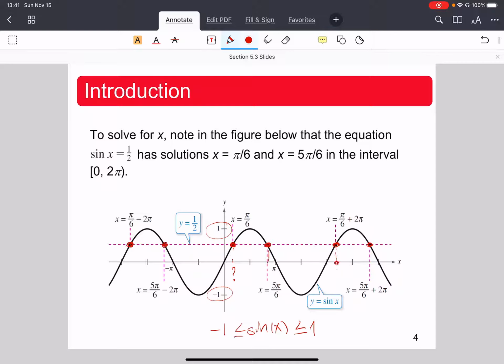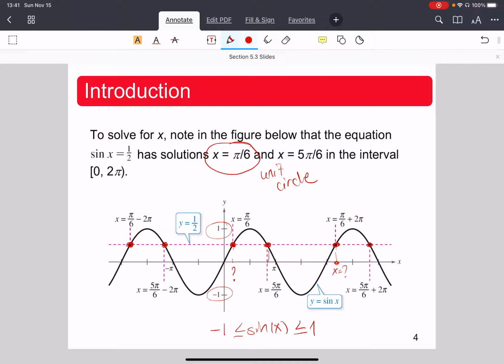And the way we find that is we know that the angle pi over 6 gives you 1/2. You can take a look at your unit circle and determine what angle gives you 1/2. Then you're going to realize it's pi over 6.